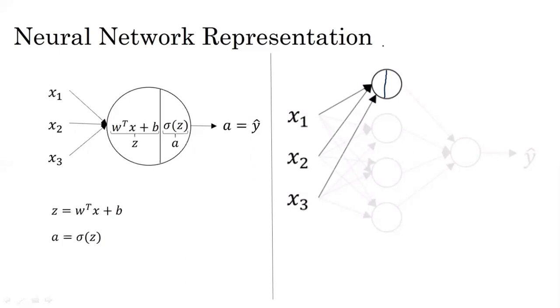Now if I want to write the equation of z for this node, my equation would be z equal to W transpose X plus B. This is the basic equation, but I also note that this node corresponds to the first layer of the neural network, so I will have the notation square bracket 1 here.